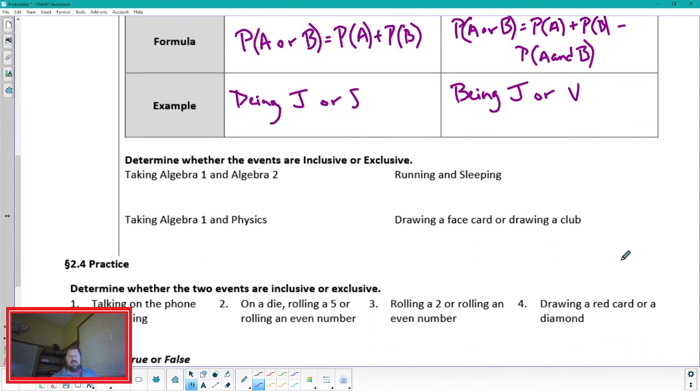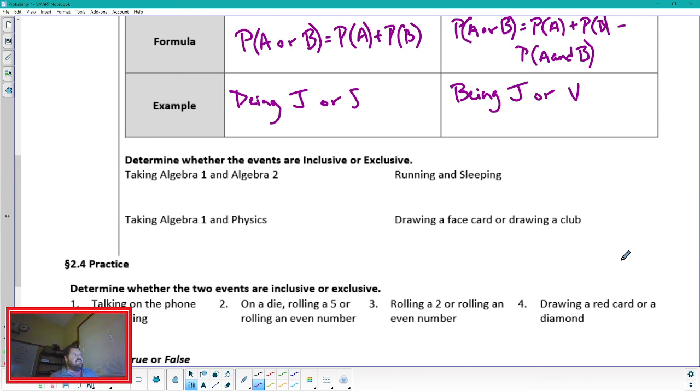Let's go ahead and look at a couple examples here. We want to determine whether the events are inclusive or exclusive, using our best judgment here. I know that we usually say, well, yeah, it could happen, so that means it's inclusive.